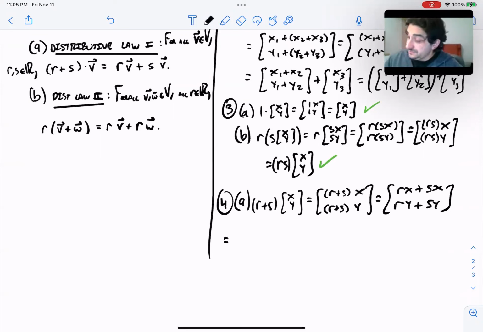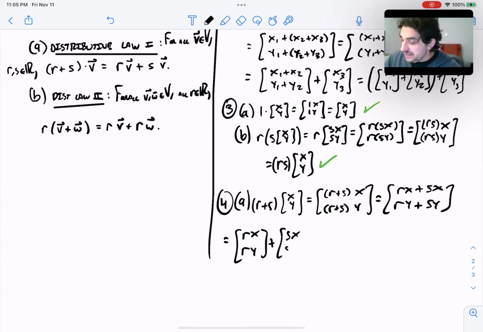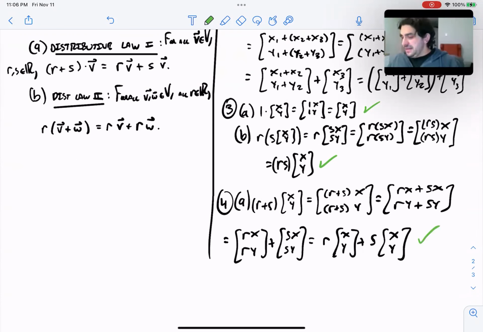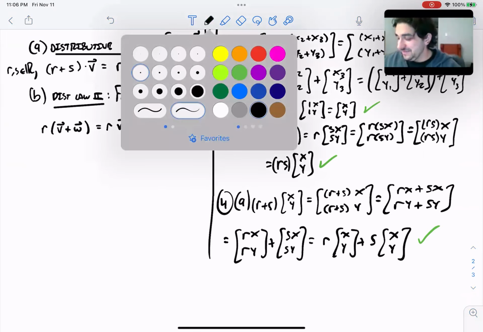And then I can now break this apart into rx, ry plus sx, sy, which becomes r(x,y) plus s(x,y). And there we go. I just verified that vectors will distribute across addition of scalars. And I have one last thing to check.